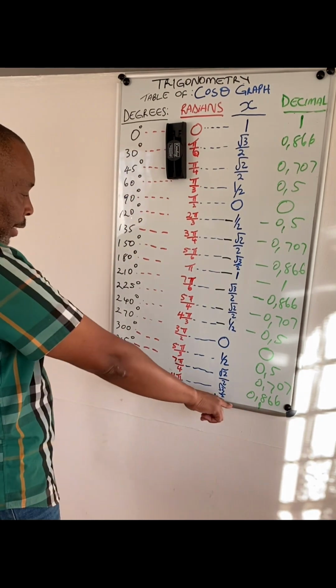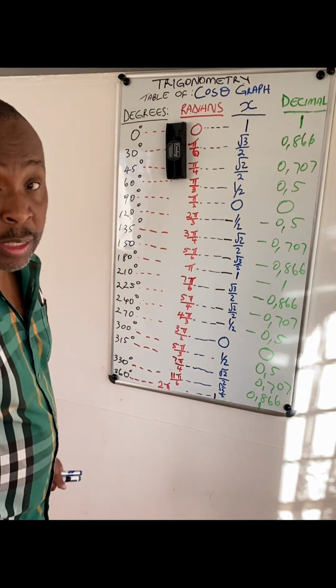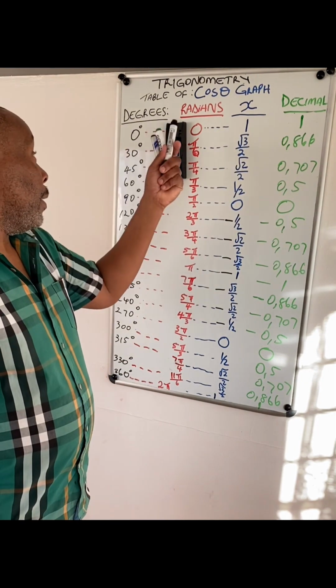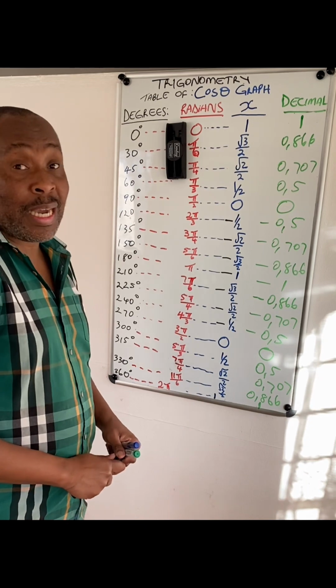At 360 degrees it is 1. So ladies and gentlemen, this is what it looks like. The trigonometry table of the cos theta graph.